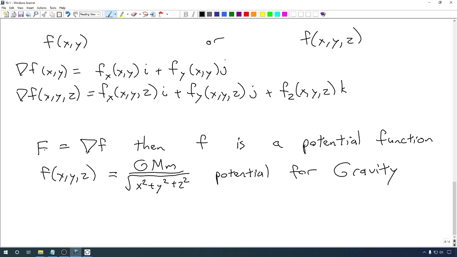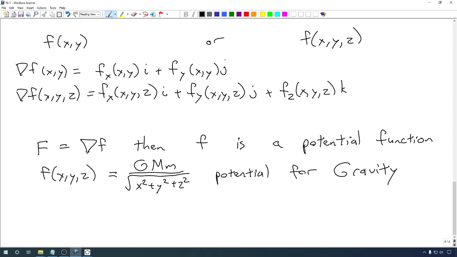So if I give you a capital F, there may not be a little f that satisfies this condition. Essentially, you can kind of say that not every function has an antiderivative in this sense. Since if we want to think about the gradient as a derivative of the function, not every vector field is actually a gradient of something.